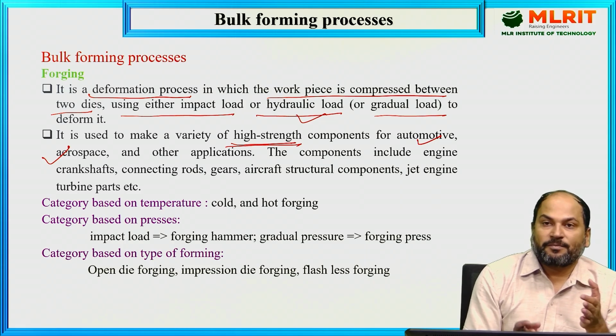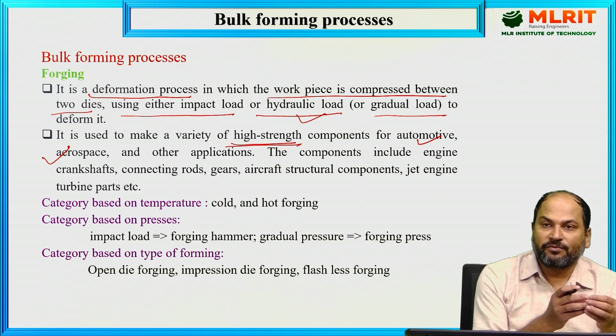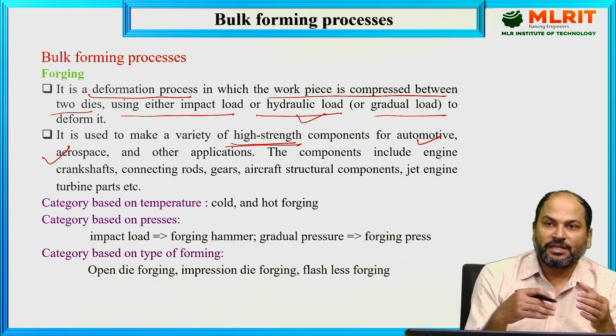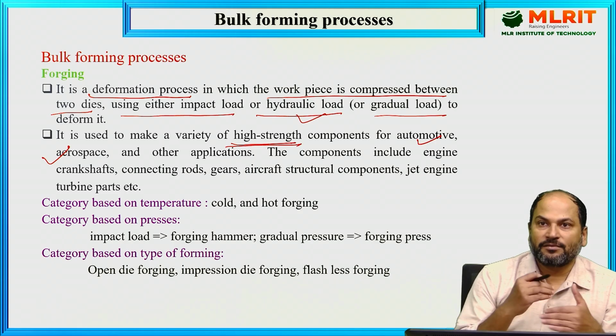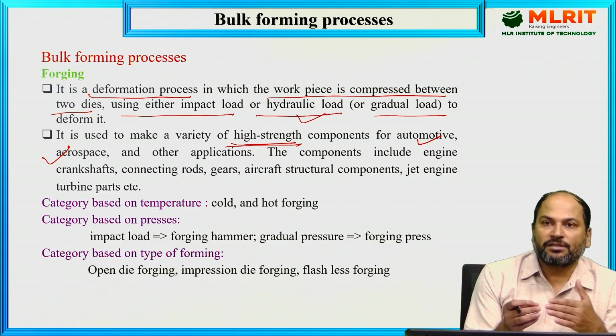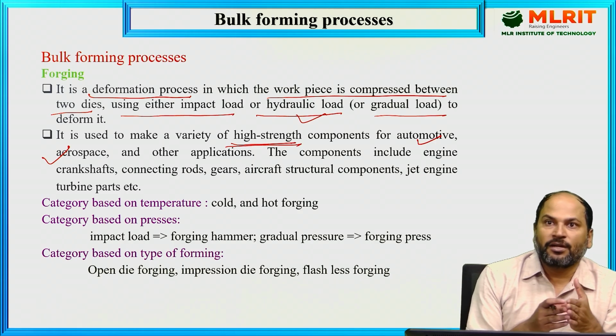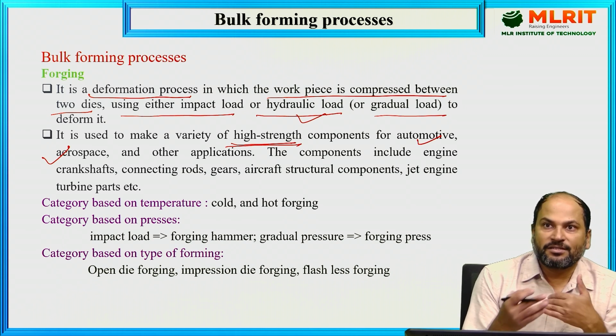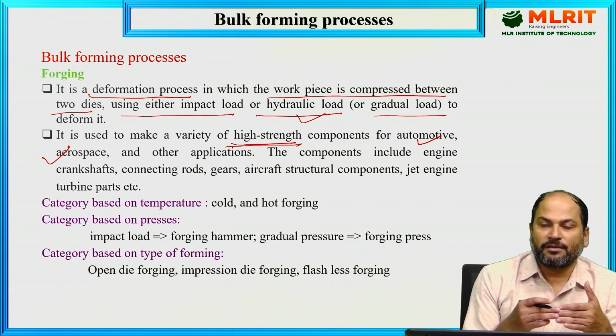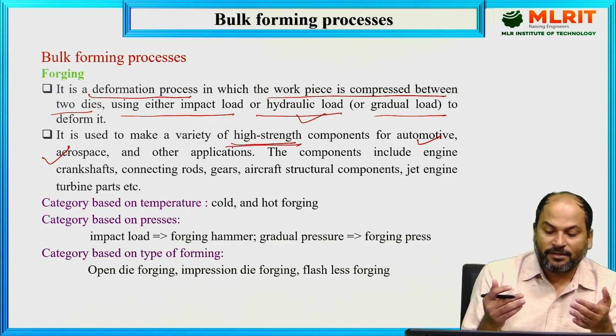Primary processes are there through which we have manufactured the part. To increase its strength, generally forging is conducted, or through forging material is deformed into a particular shape. It is done not only to change its shape or dimension, but also to impart extra property in the form of strength.